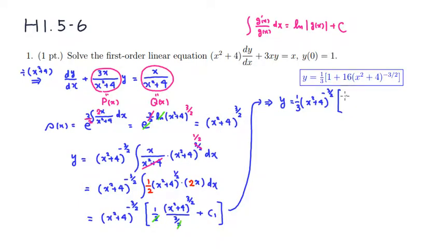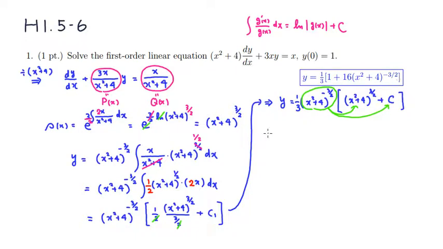So you have x squared plus 4 to the 3/2 plus, instead of 3 C1, I'm going to put just a c, because it's a constant and it really doesn't matter. Then you end up getting this. Since I want this format, I'm going to distribute this factor to both of these terms.